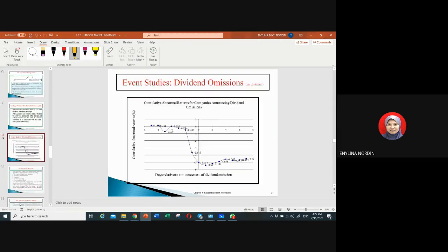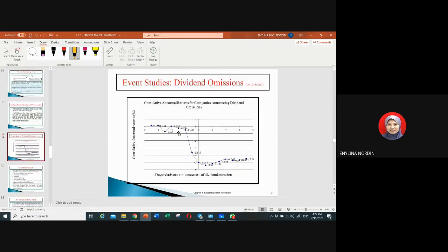Let's say the event they study is dividend omission. There are so many events we can study here, including merger announcements, takeover announcements, dividend increases, and earnings announcements. Those are the events researchers can study. One of them is the dividend omission.